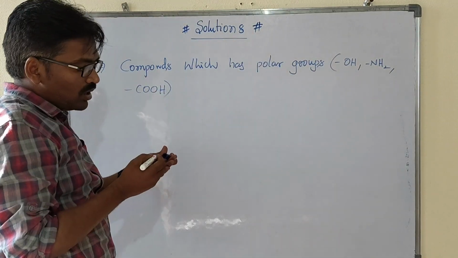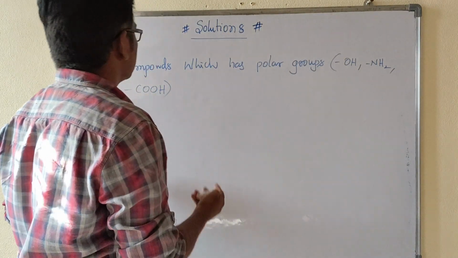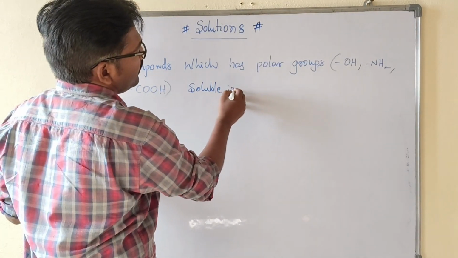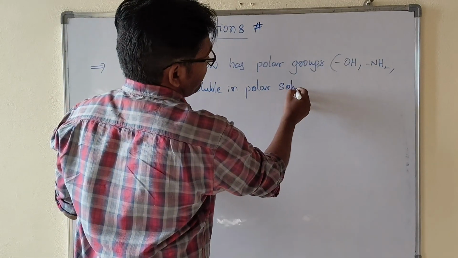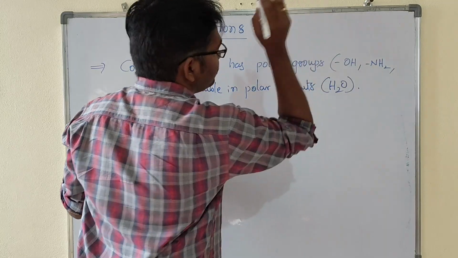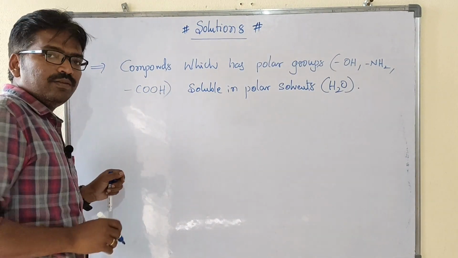These are what we call polar groups. Compounds with polar groups are soluble in polar solvents such as water. When such groups are present. Clear, all of you?